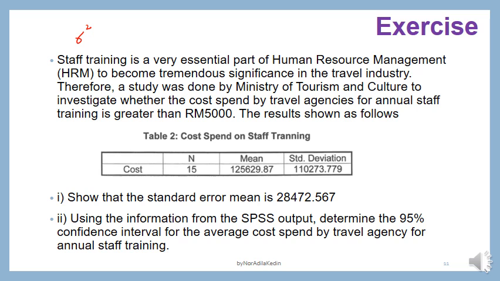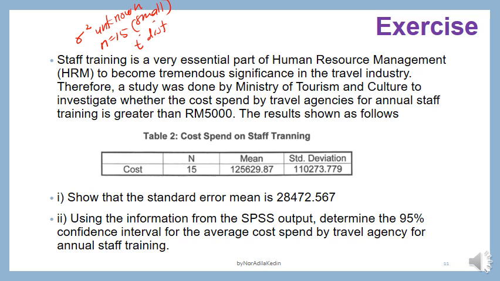Variance is unknown because the question does not mention the population variance or standard deviation. The sample size is 15, small. If small, look at the T distribution table.